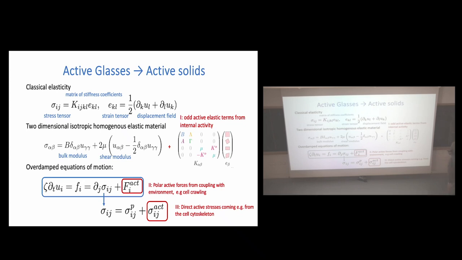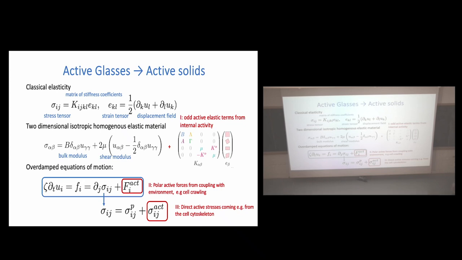In linear elasticity, I tend to write my stress tensor as some giant matrix of stiffness coefficients, K_ijkl, times epsilon_kl, where epsilon_kl is the strain tensor or the symmetrized gradients of the displacement field.